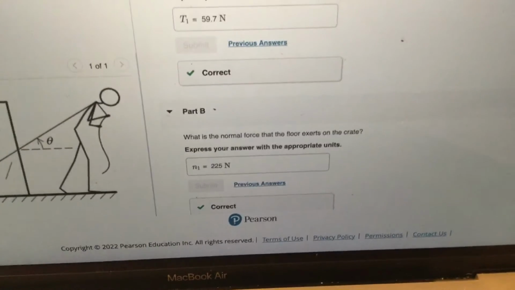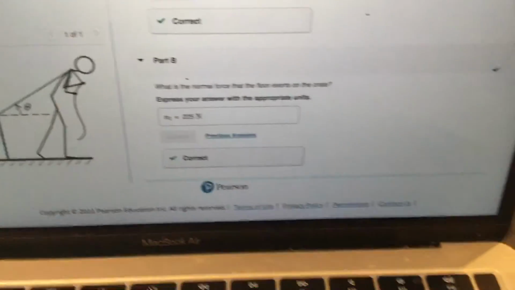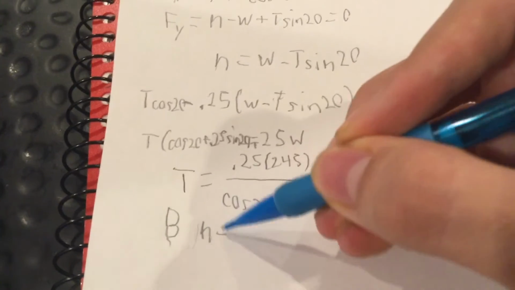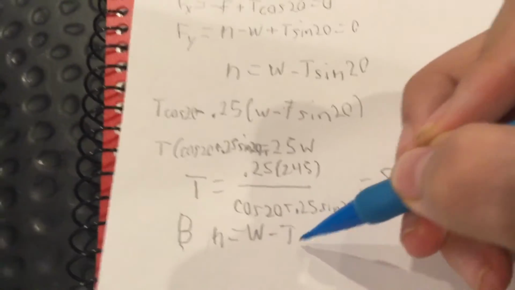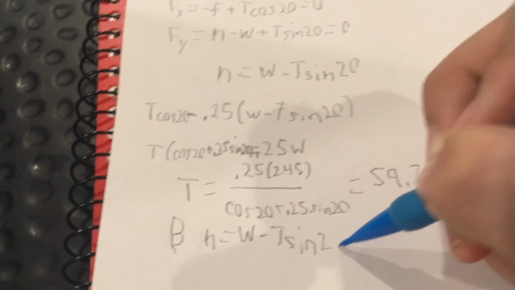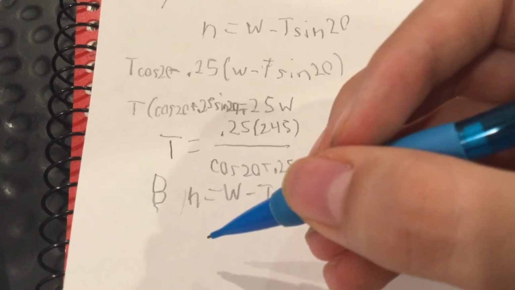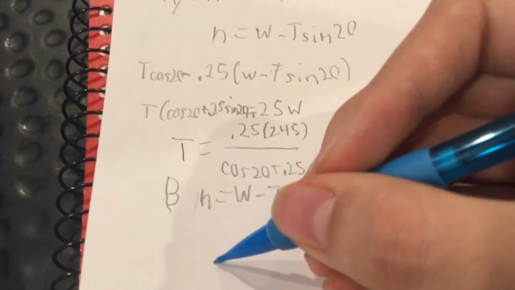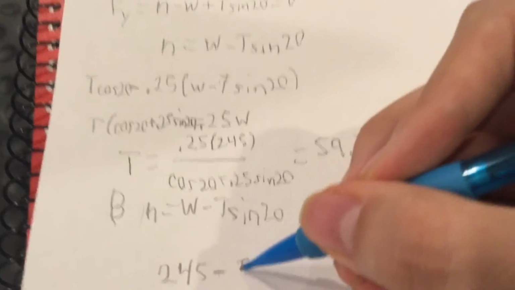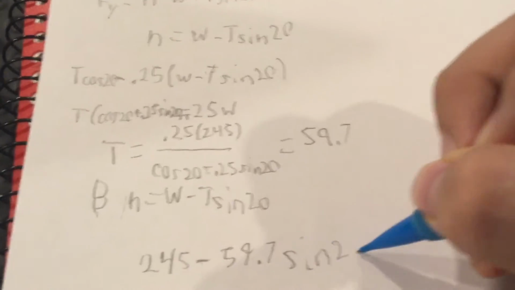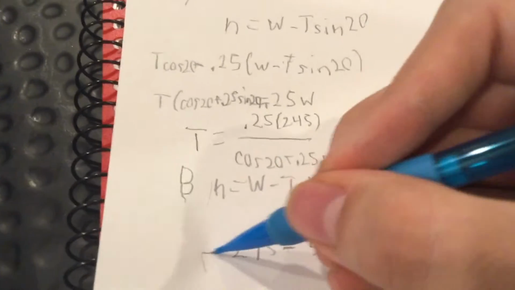What is the normal force that the floor exerts on the crate? Okay, so we found that the normal force was equal to, let's do part B, normal equals W minus T sine 20. So the weight is equal to 245. We got T is equal to 59.7, sine 20, and that will equal the normal force.